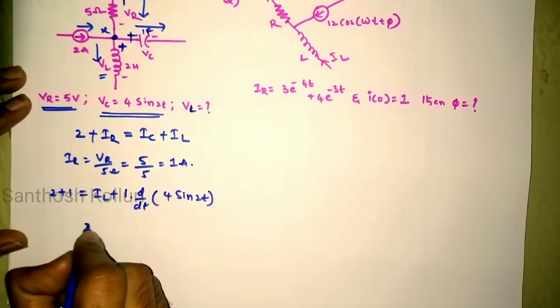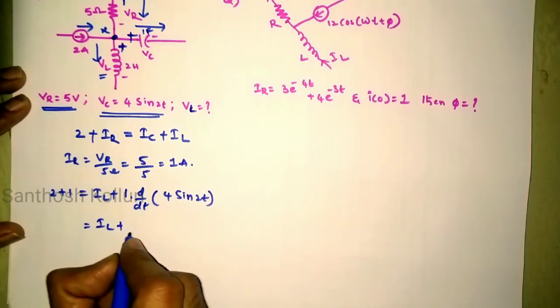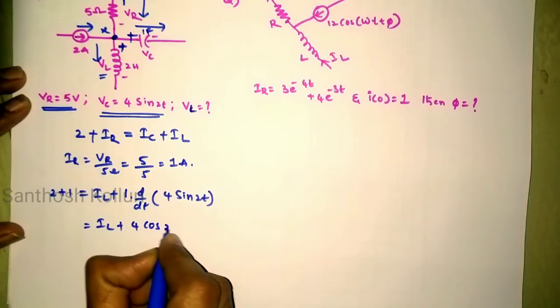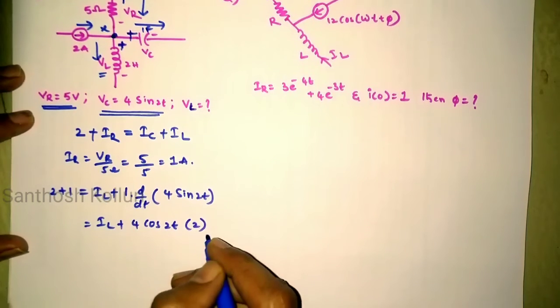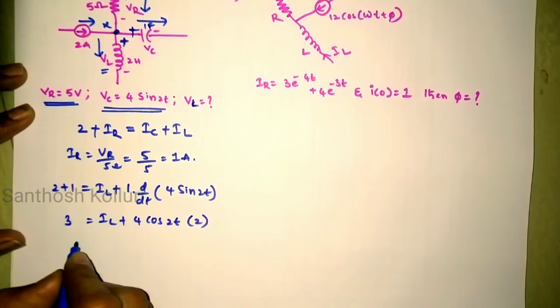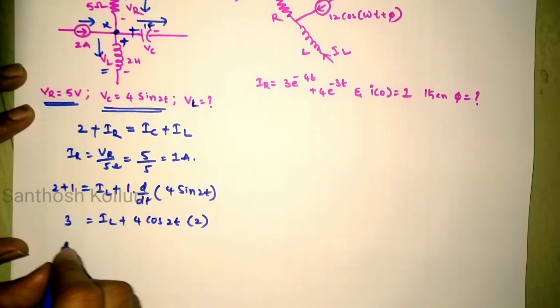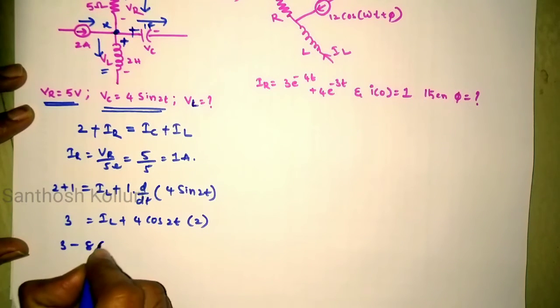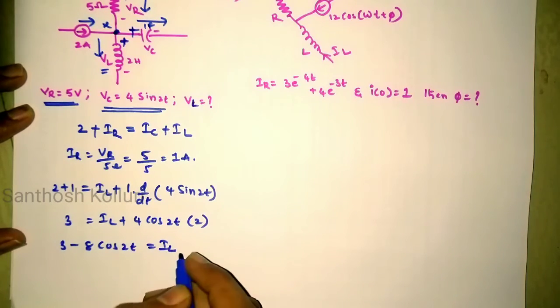Therefore it can be written as IL plus d by dt of 4 sin 2t, which is 4 cos 2t into 2. So this is 3, and 2 into 4 is 8. So 3 minus 8 cos 2t is equal to IL.